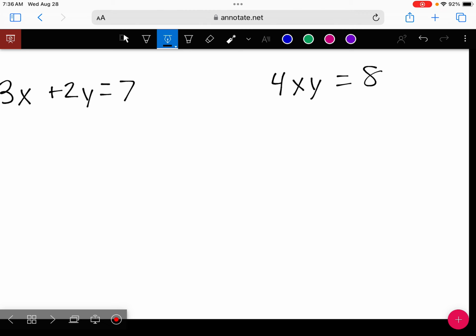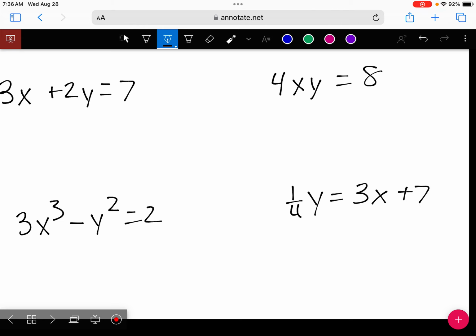And then we'll look at 3x cubed minus y squared equals 2. And we'll look at 1/4 y equals 3x plus 7. Okay, we're just going to practice this again. All I care about is, are they lines or not lines? And I just made these up.